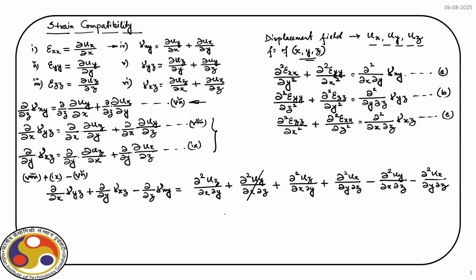So, this gets cancelled and also this one gets cancelled, right. So, effectively what we have is twice of this quantity and then we can remove all this.